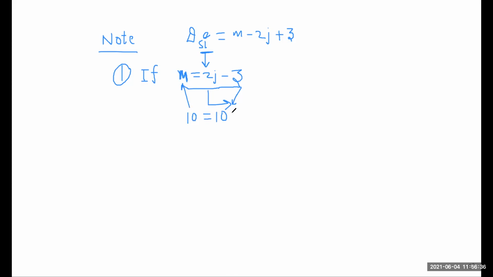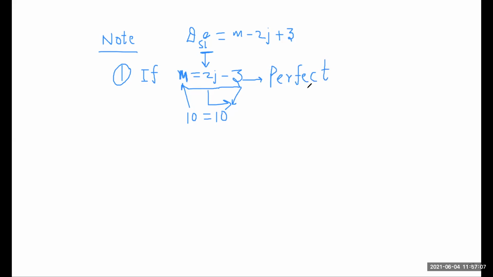Is it clear to everyone? Yes, sir. Okay, so this type of truss is called a perfect truss. Just remember, if m is equal to 2j minus 3, it is called a perfect truss, because in many examinations they ask match the following. In one column they give m is equal to 2j minus 3, and in the second column they say perfect truss, redundant truss, deficient truss.